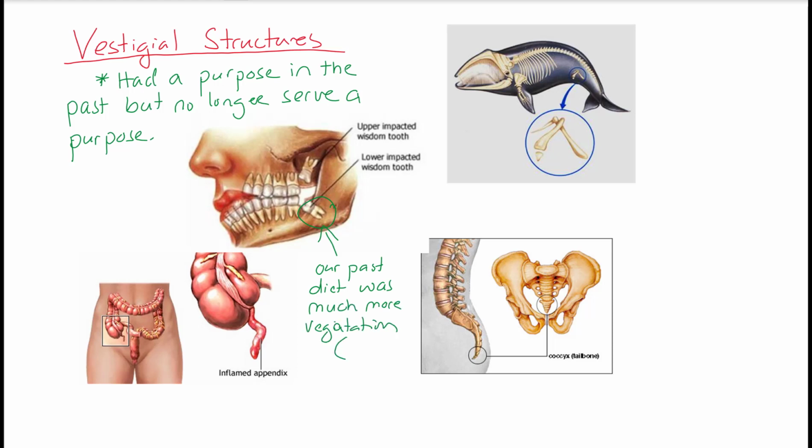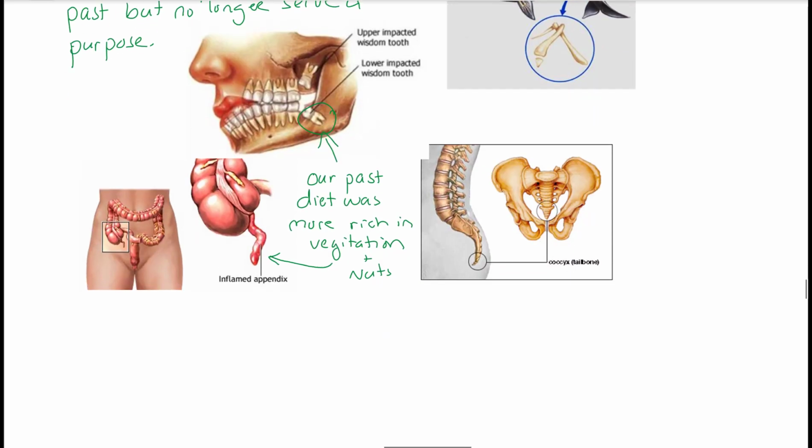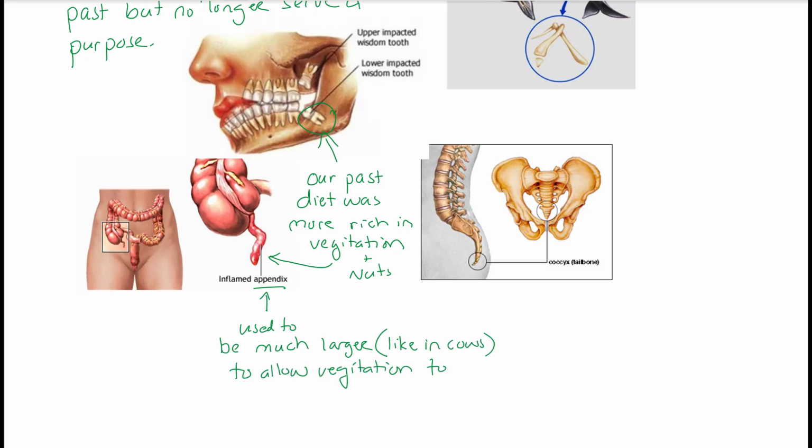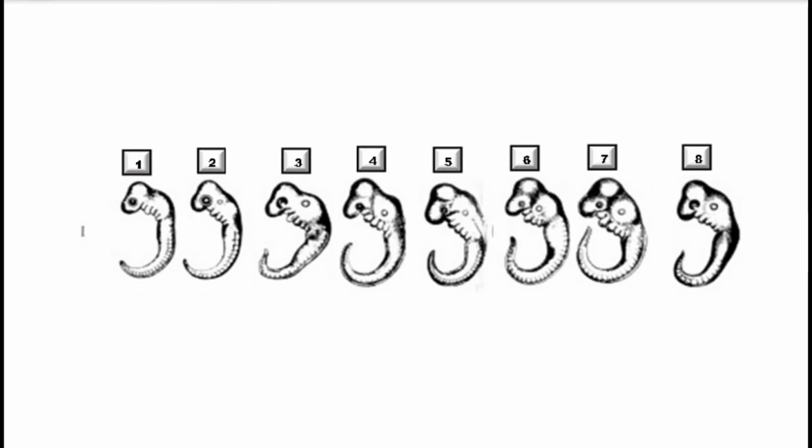Things only are removed from the gene pool if it hurts your survival. Meaning, if it causes you not to live long enough to pass on your genes, that trait will be taken out of the gene pool. Meaning, you'll die before you could pass that trait on. So these vestigial organs, like the appendix and the wisdom teeth, show that our diet used to be much more rich in vegetation and nuts, because more flat teeth means more crushing of food.